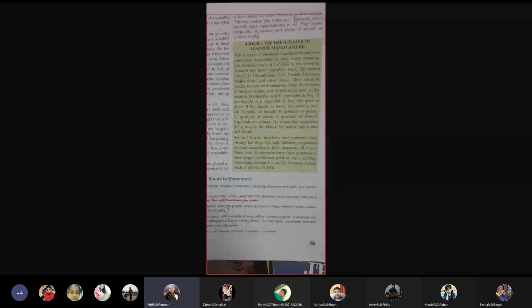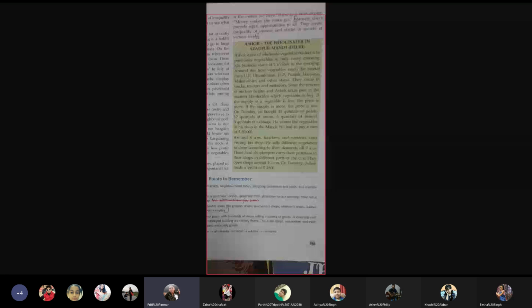So now there's just a small little example where Ashok goes to a mandi and buys a huge amount of vegetables. So he's a wholesaler. From there, he buys from the mandi in bulk, and then he sells it to the hawkers, vendors, etc. And these hawkers buy it at a better price, and he made a profit of 2,500.